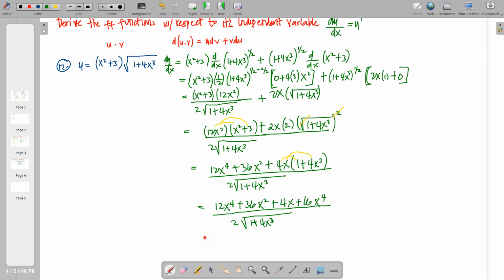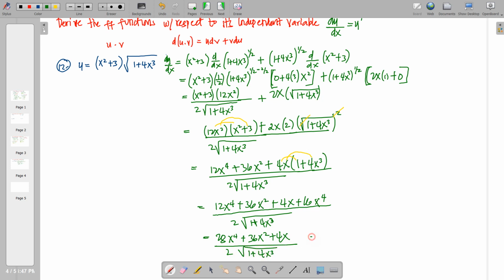So we have x raised to 4, we'll just combine. So 12 and 16, we have 28 x raised to 4 plus 36 x squared plus 4x all over 2 square root of 1 plus 4x cubed.